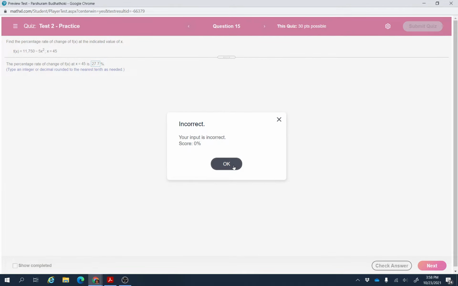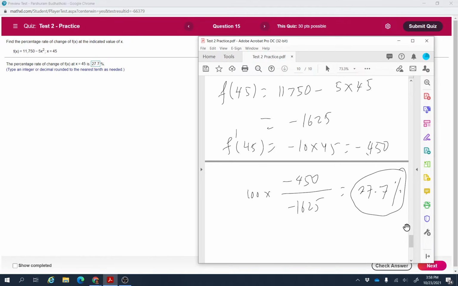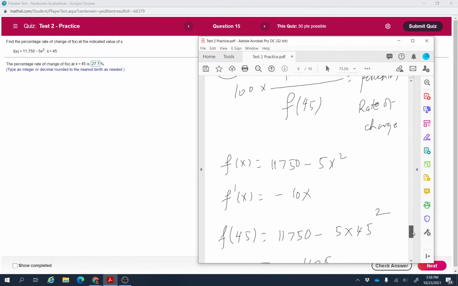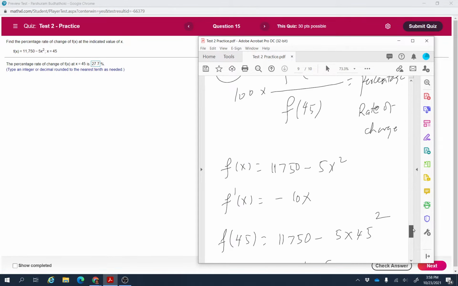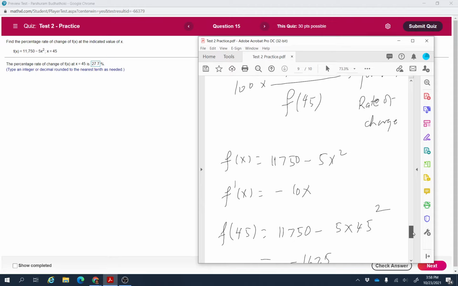Oh, that's incorrect. So let me go back and check what I did wrong here. The value of the function, it's 11,750 minus 5 times x squared. So maybe I did that calculation wrong. So 45 squared times 5, and that is subtracted from 11,750, and that will be 1625.